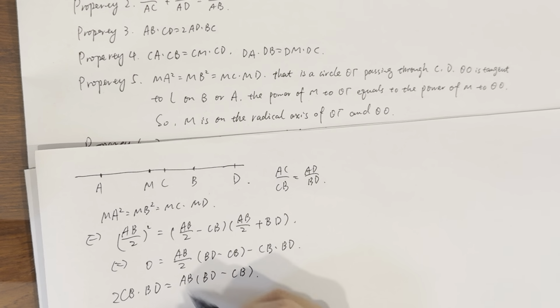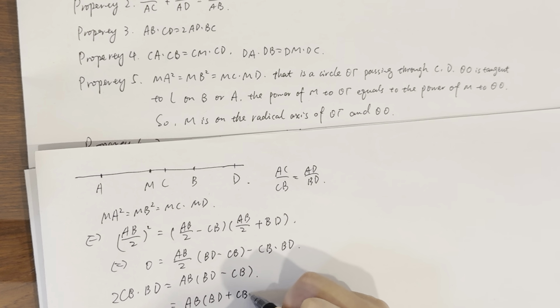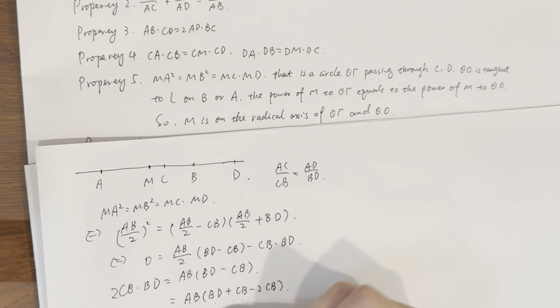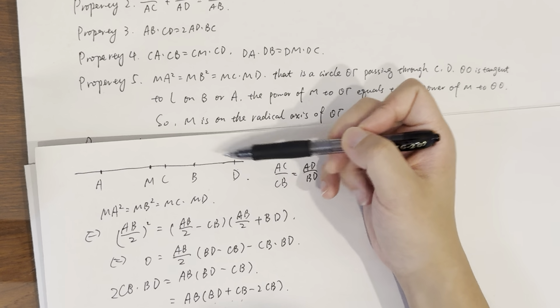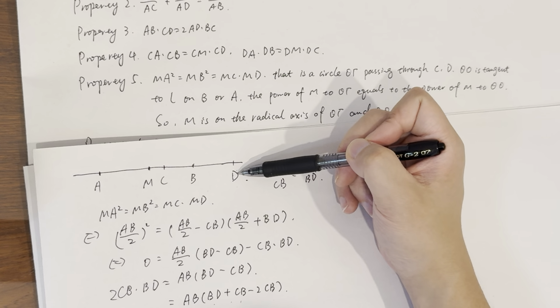This term can be rewritten as AB times BD plus CB minus 2CB. So the first one, BD plus CB, that is CD, right?